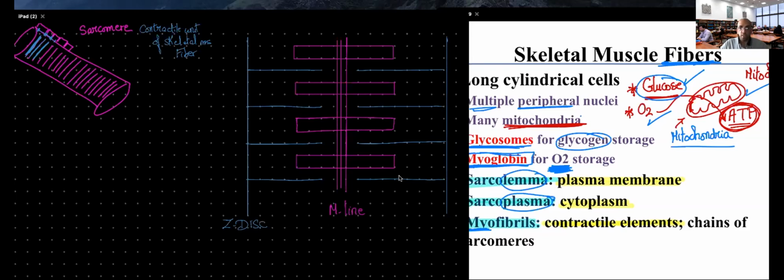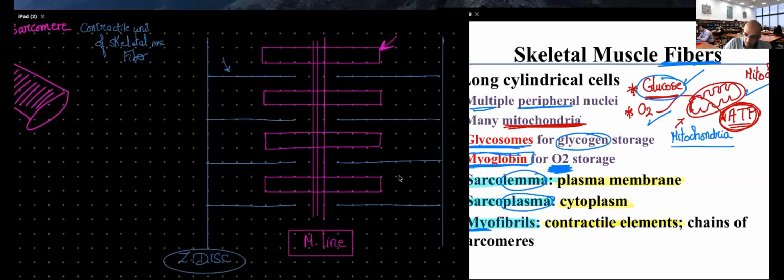So again, what is the structure of a sarcomere? The sarcomere is formed of alternating thick filaments and thin filaments. Thick filaments are attached at the center of my sarcomere by the M line, compared to the thin filaments, which are going to be attached to one another by the Z discs.